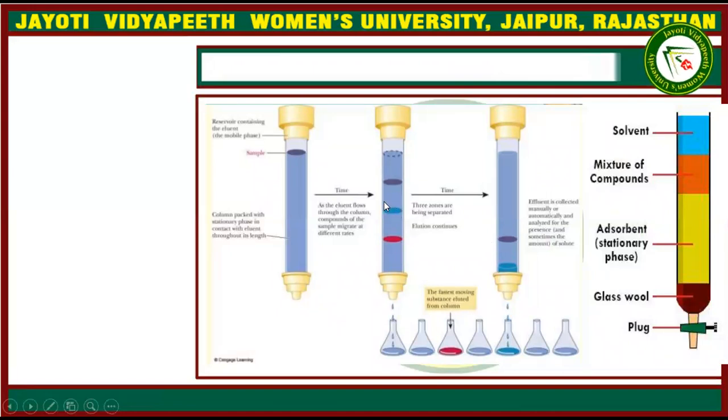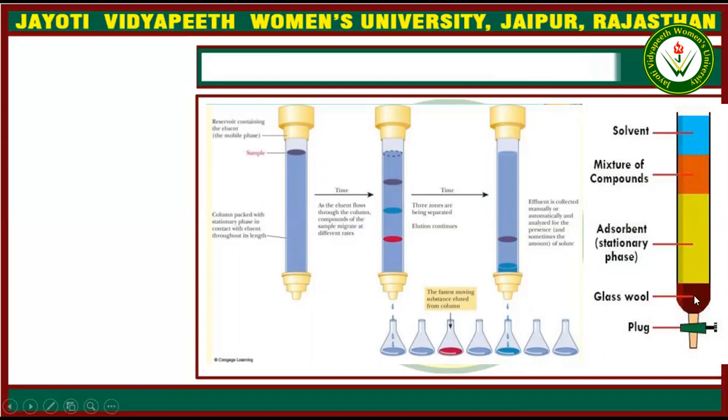In column chromatography, we add our samples in the third layer. This is the tube column, and a plug is there to stop.